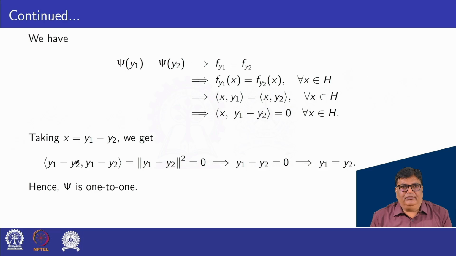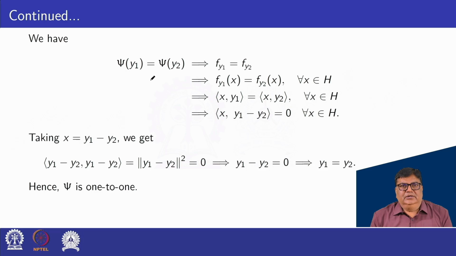So inner product of y1 minus y2 with itself, that is norm of y1 minus y2 squared, is equal to 0. And we know that norm x is equal to 0 if and only if x is equal to 0. So using this property, we have y1 minus y2 is equal to 0. This implies that y1 is equal to y2.